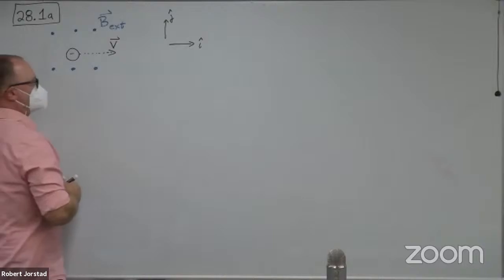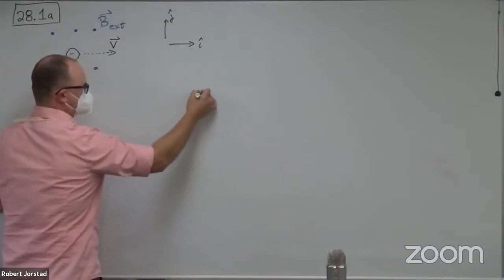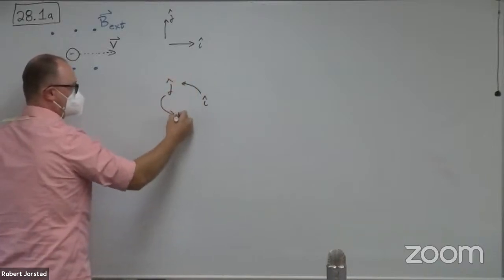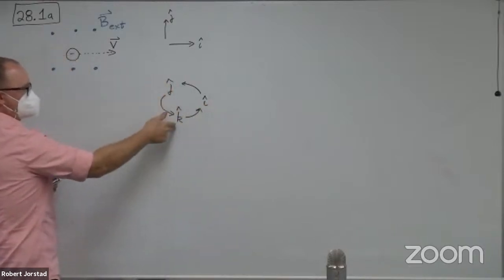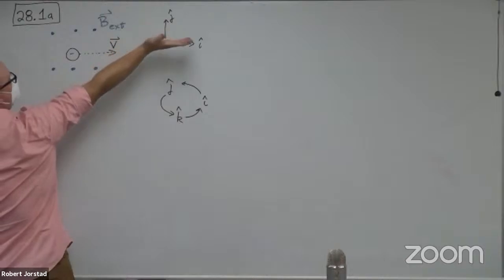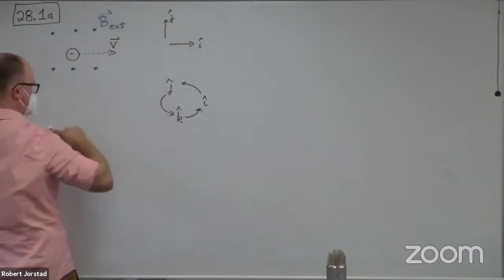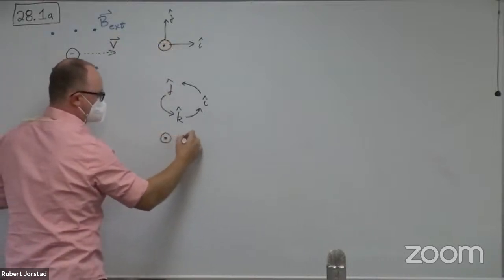How do you know that? Nobody else calls it this, I call it the wheel of pain. But from cross products, you know that I cross J gives you K. So I, the first vector, cross the second, the output is this way. To remind you, a dot means out of the page.